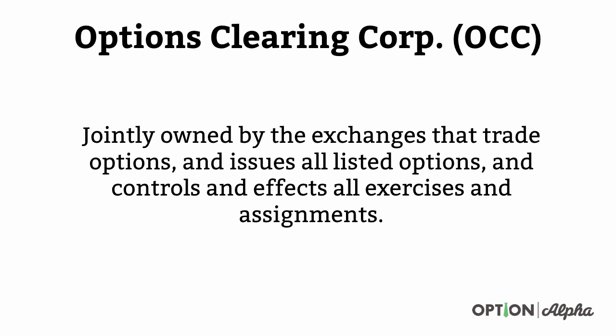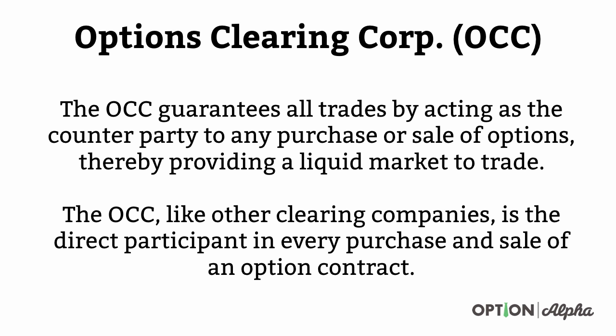This is the company, regulatory body, whatever you want to call them, that's jointly owned by all the exchanges that trade options, and they issue all the options and control and affect all exercises and assignments. What's really important to understand about the OCC is that they basically guarantee all trades by acting as a counterparty to any purchase or sale of options, thereby providing a liquid market to trade.